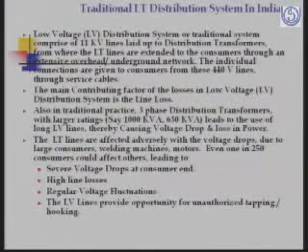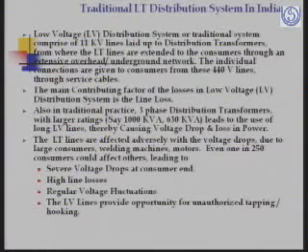So the traditional distribution system has been low voltage distribution system, in which we have big capacity distribution transformers, which may be of the rating of 1000 kVA, 630 kVA, 500 kVA, 400, 250 or 230 and 100 kVA, and we have the LT lines, which are long and lengthy, which take power to the consumer.